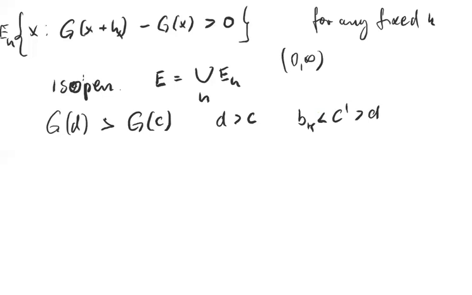Such that G of c prime equals G of c. Well, this is less than G of b_k, right? And we assumed that c is the farthest point to the right where this holds, where G of c is G of a_k plus G of b_k over 2.